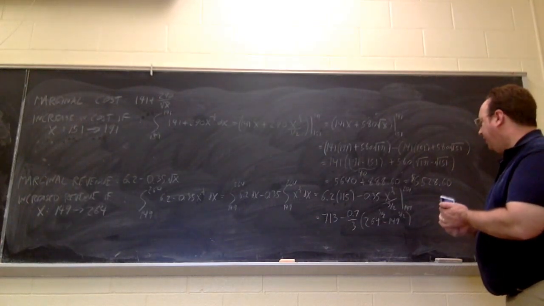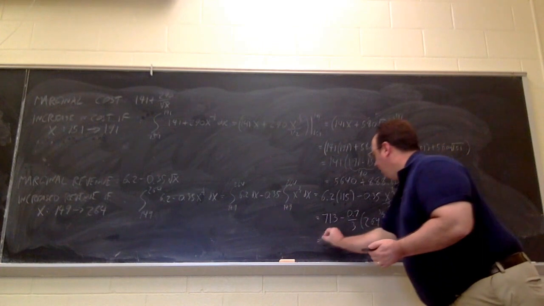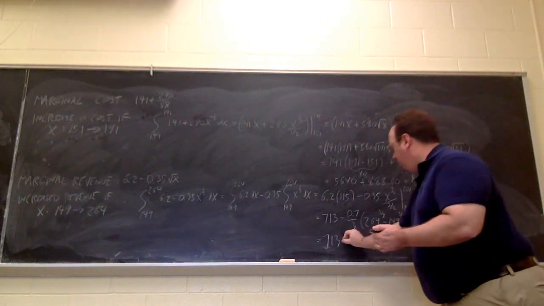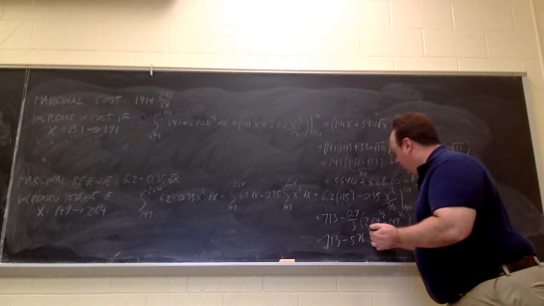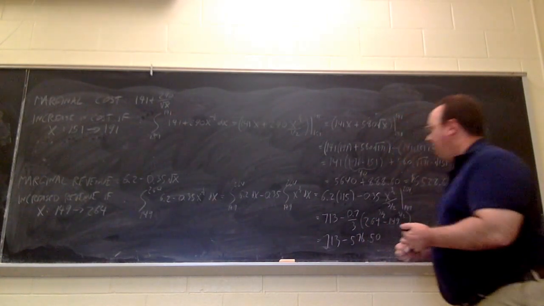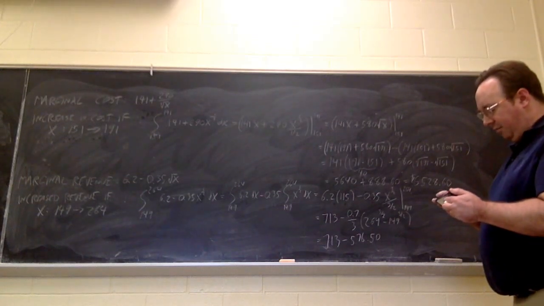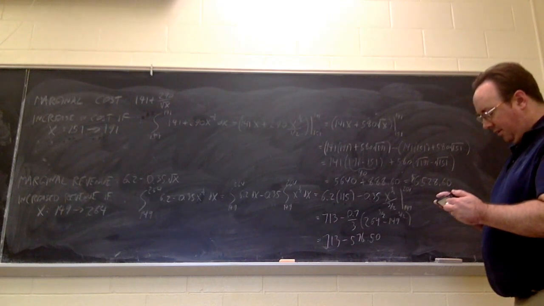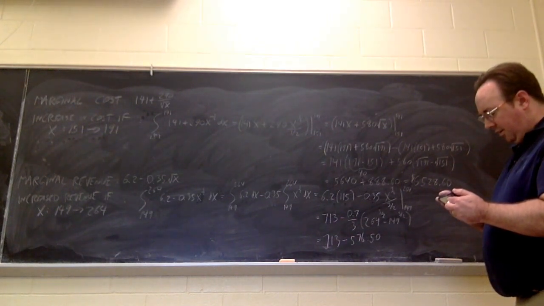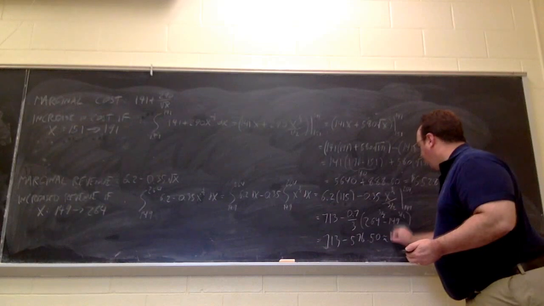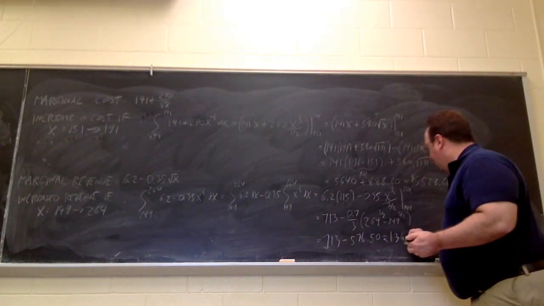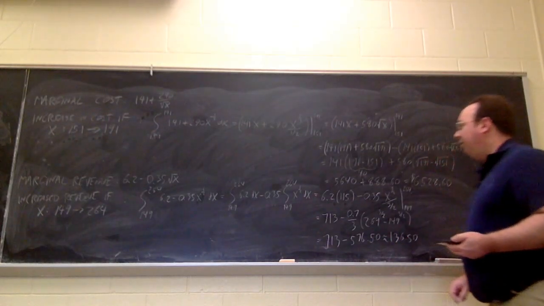So what we get for all this, to 2 decimal places, is 576.5. And then subtracting from 713, what we get to 2 decimal places is 156.50.